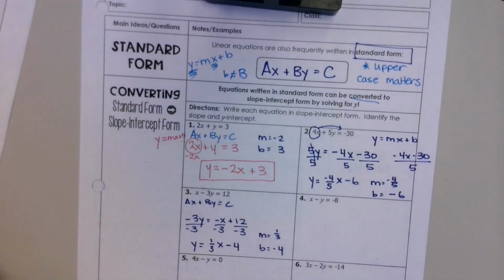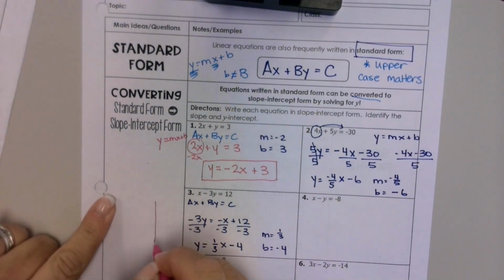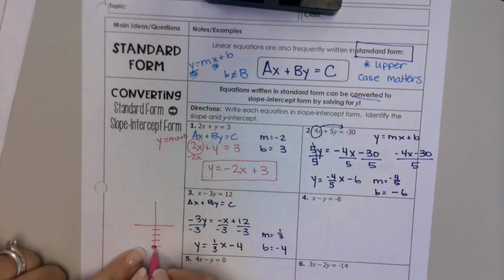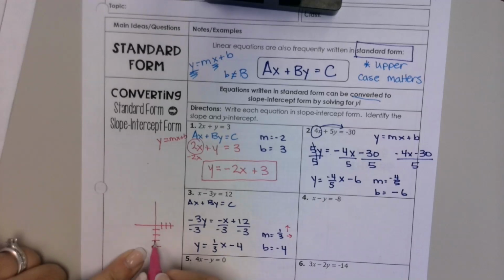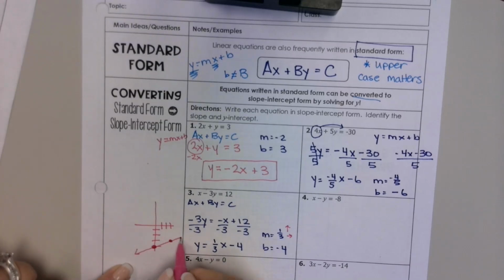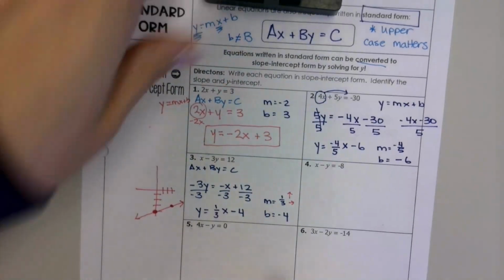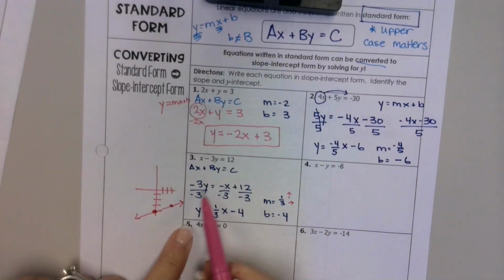Now let's talk about this for just a second. What this looks like, if I was going to graph this, is I would go down here and I would have my intercept at negative 4. And this tells me that I have rise over run. So I'm going to go up 1 over 3. That would be my next point, right? And then I would do it again, up 1 over 3. So the slope of this line, when I graph this line, it's going to look like this. Now this is why it's super important to be very logical when you do this.